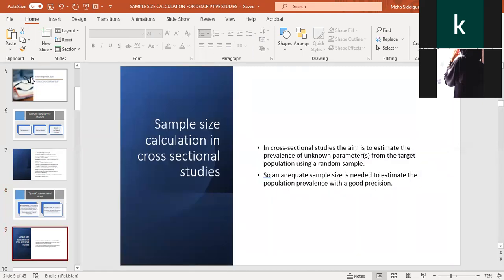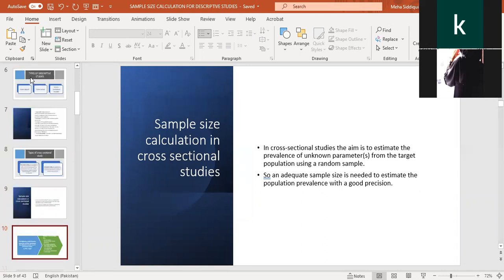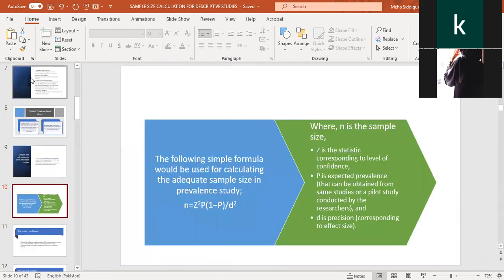Now, sample size calculation in cross-sectional studies. In cross-sectional studies, the aim is to estimate the prevalence of an unknown parameter from the target population using a random sample. So an adequate sample size is needed to estimate the population prevalence with a good precision. The following simple formula would be used for calculating the adequate sample size in prevalence study.